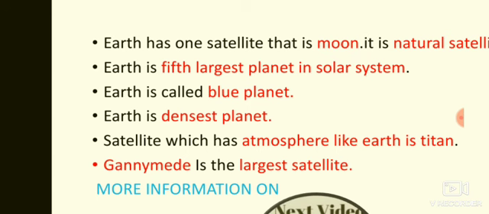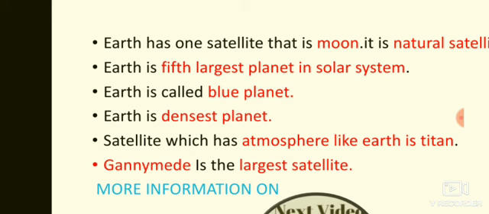I've mentioned earlier that 6 planets have satellites, and only Mercury and Venus do not have satellites. The planet which has the largest number of satellites is Jupiter. So Earth has one satellite, which is the Moon, also known as the natural satellite of the Earth.